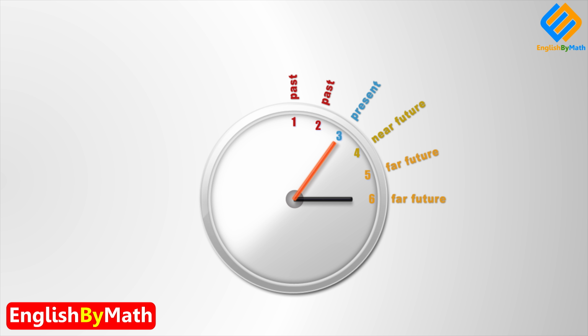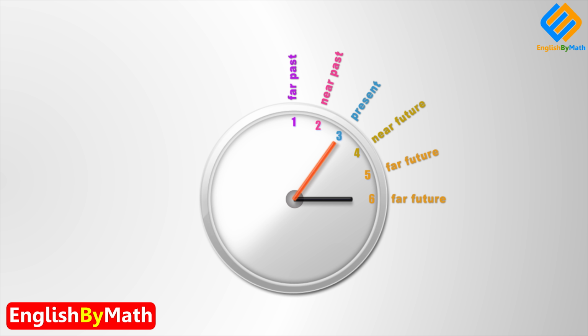The same thing applies in the past. Second number 2 is near past because it precedes or comes before the present, second number 3, directly. Second number 2 is closer in time to the present, second number 3, than second number 1, the far past.